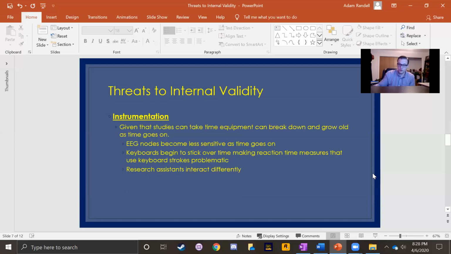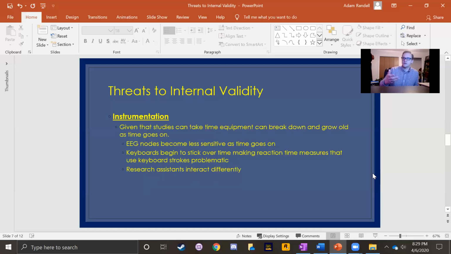Because then all the people in your experimental condition are getting potentially different research assistants, keyboards that are looser because people have been pounding on them for a while, EEG nodes that aren't as conductive as they were before. And so it might look like you get a difference, or maybe those instrumentation issues reduce the difference. And so it changes what you find.